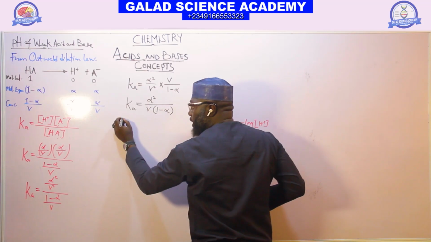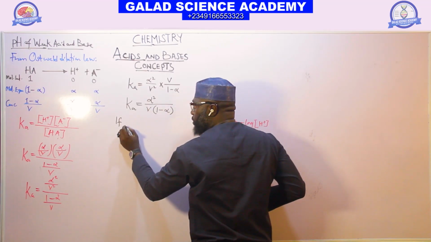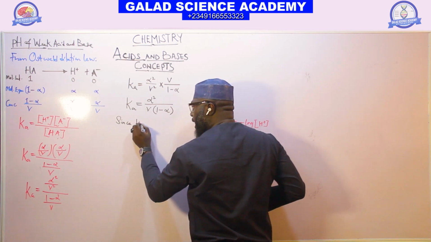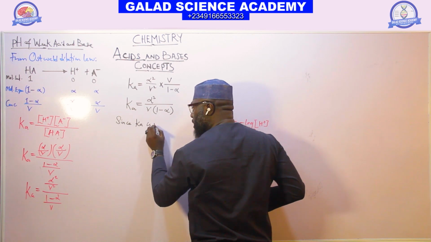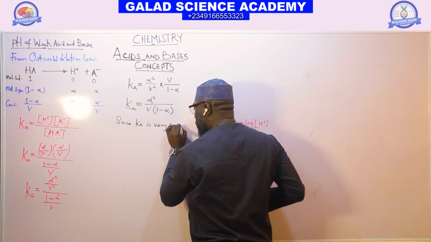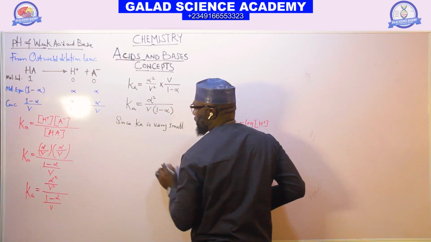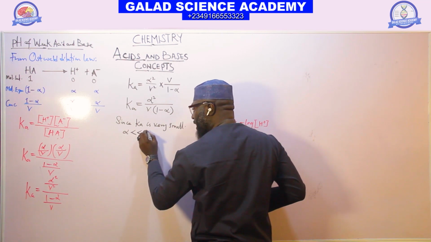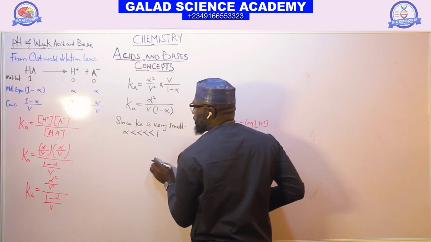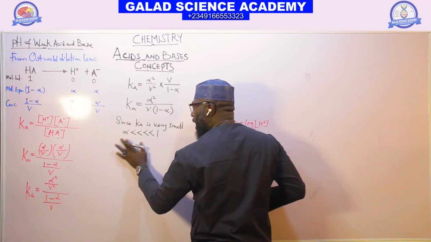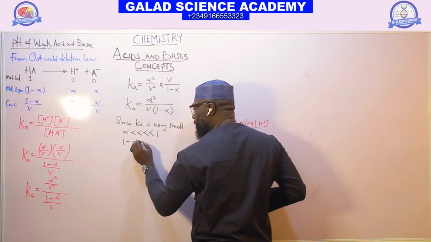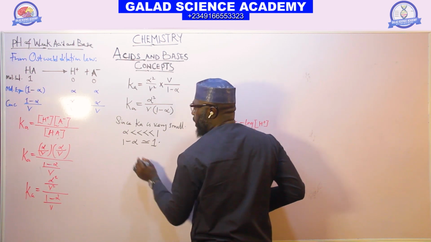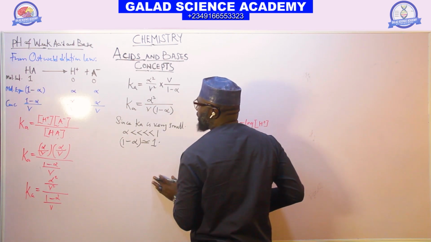I've explained all these things before in the Ostwald dilution law. Since Ka is very small, this alpha is less than 1. Therefore, 1 minus alpha is approximately equal to 1.